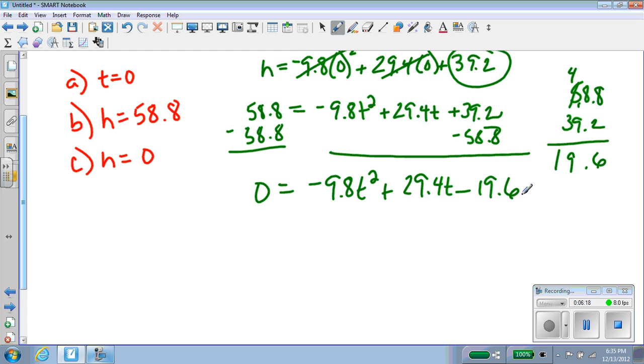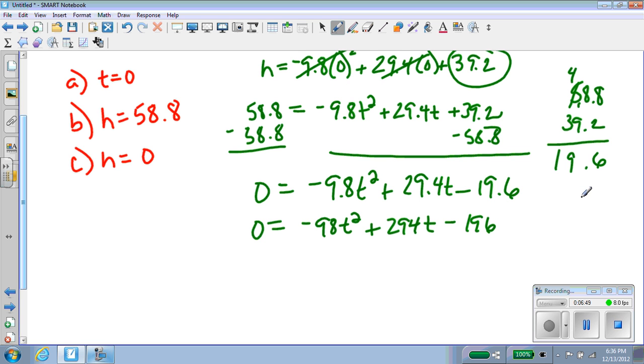What do I think? I think I'm going to panic. No, I think I'm going to multiply all the way across by 10 to clear those decimals. 0 equals negative 98t squared plus 294t minus 196. And I know that 98 times 2 is 196.